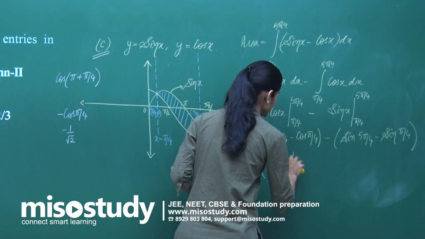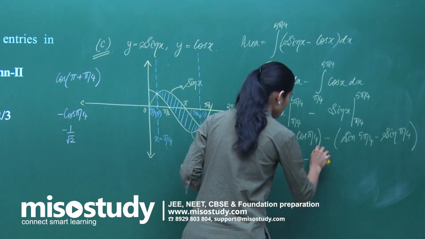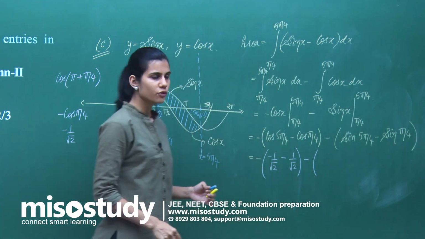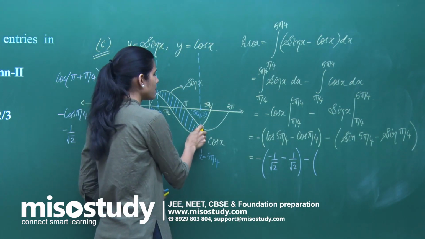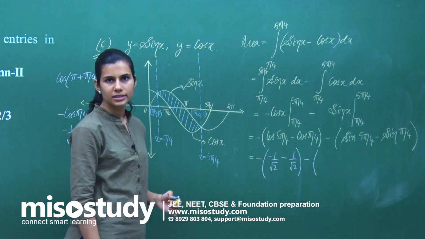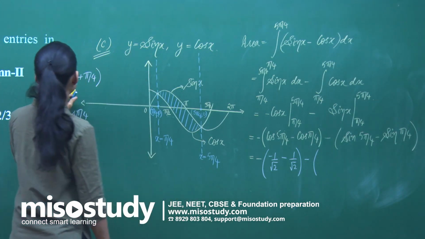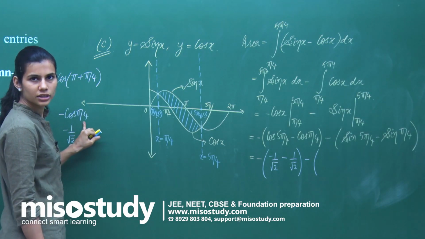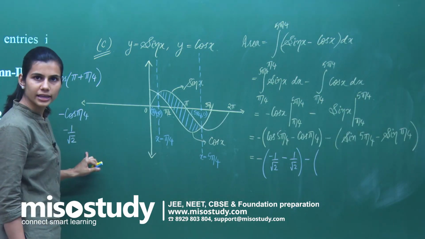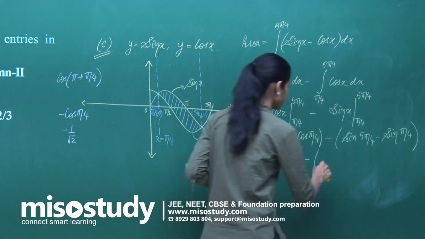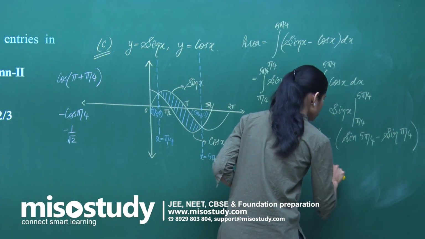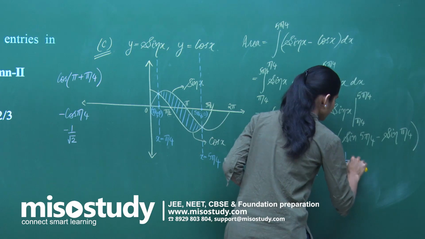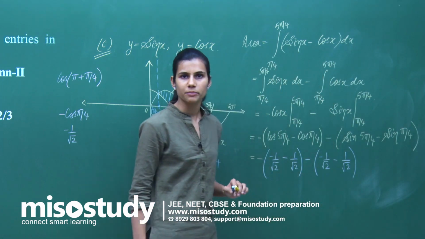Cos pi by 4 as it is is 1 by root 2. What is sine 5 pi by 4? Well, you know that cos 5 pi by 4 and sine 5 pi by 4 are the same, right? Because if you write sine of pi plus pi by 4, it will come out to be minus sine pi by 4, which is minus 1 by root 2 again. Okay, so this is again minus 1 by root 2, minus again sine pi by 4 is 1 by root 2.